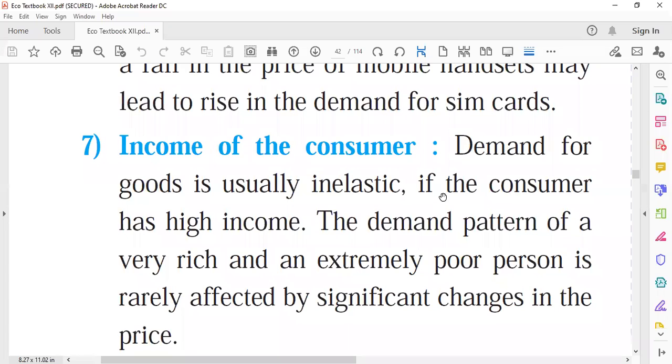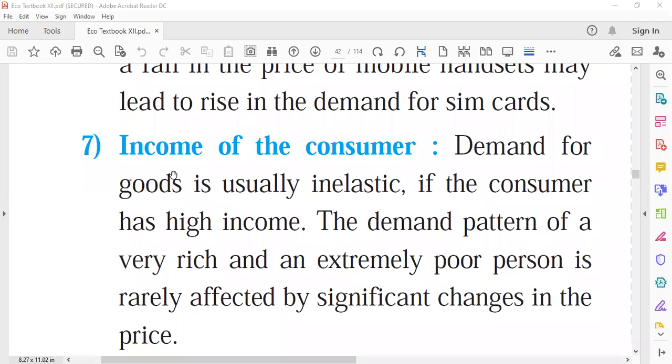Whether the price increases or decreases, they will be ready to purchase the same commodity, even at a higher price. Since they are ready to pay a higher price for the same commodity, the demand of rich income group people is relatively inelastic, or it is inelastic.